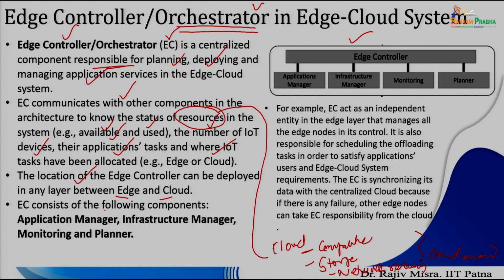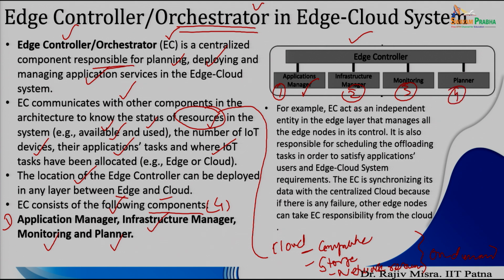Now, let us see what components the edge controller has. The edge controller has 4 different components. The first one is called the application manager, the second one is called the infrastructure manager, the third one is called the monitoring, and the fourth one is called the planner.